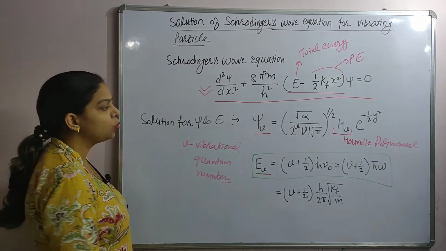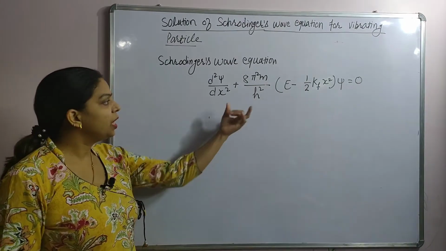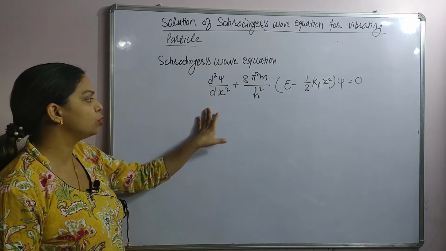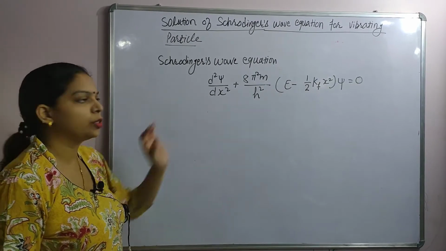So let's see how to solve for psi. We have this equation and we have to simplify it, and after that we have to find the solution for this differential equation. All right.